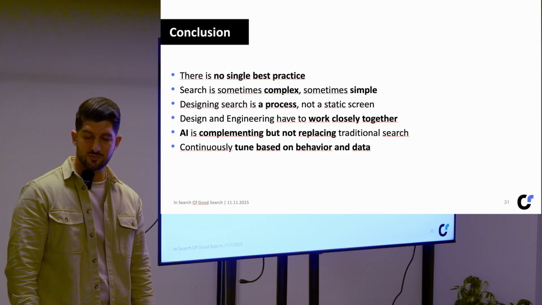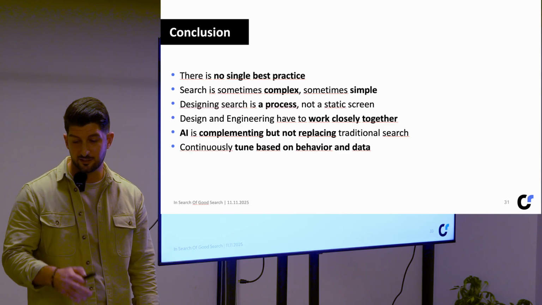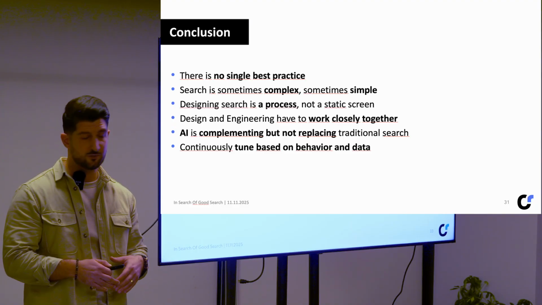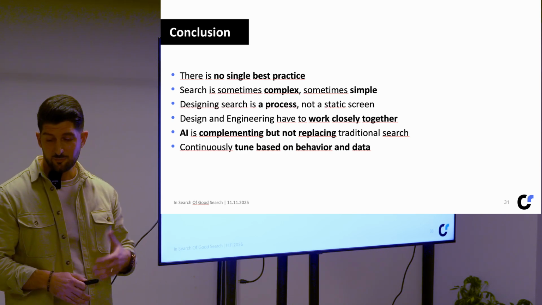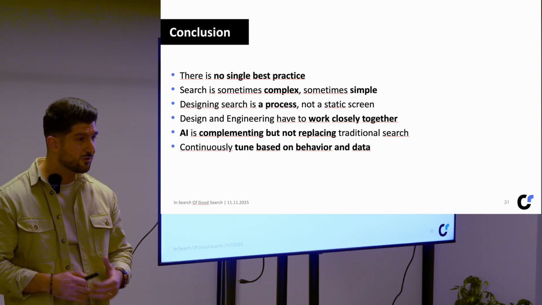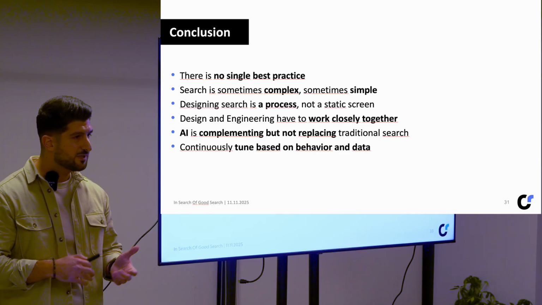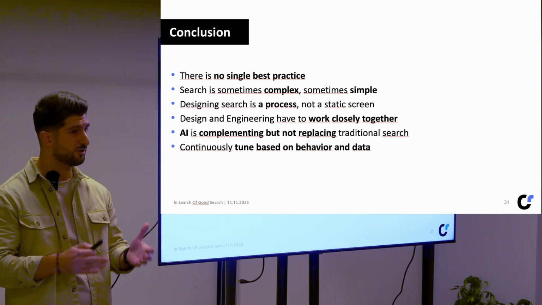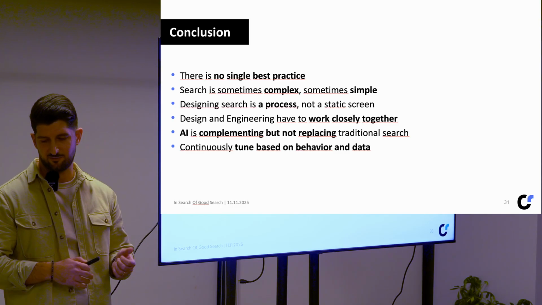And also, design and engineering have to work closely together. So this includes UX and UI, it includes front-end engineering, but it also heavily includes back-end, because there you have the APIs, things like semantic search, trying to boost your performance, to have a relevance-based sorting, but it also includes data science, because it's also about content, and also about understanding content and synonyms and stuff like that.